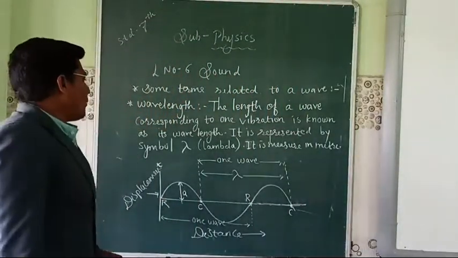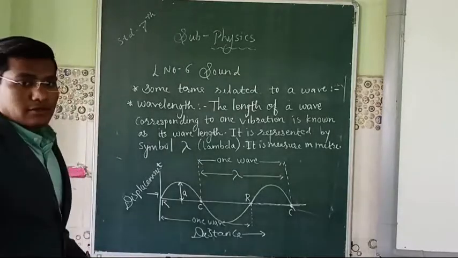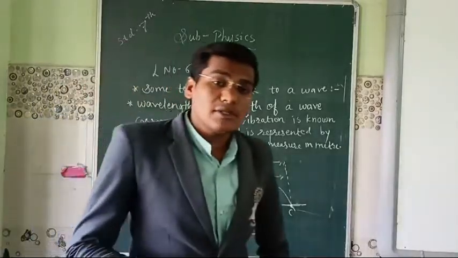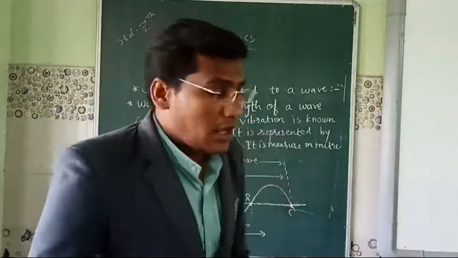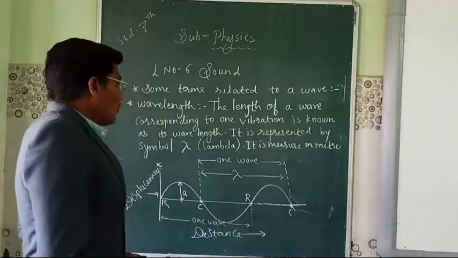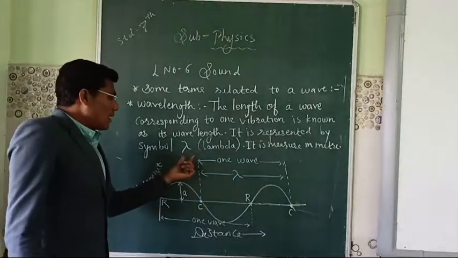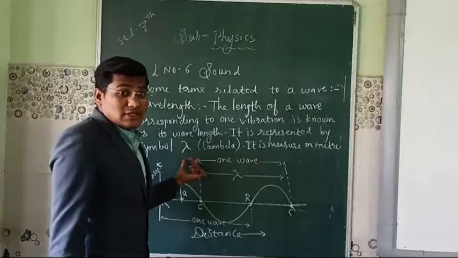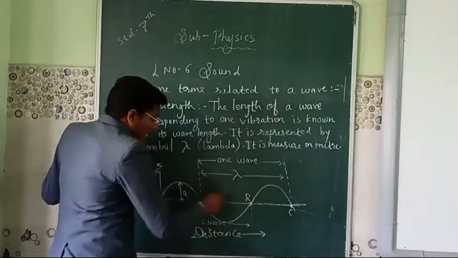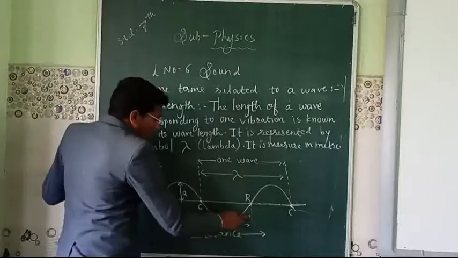The length of a wave corresponding to one vibration is known as its wavelength. It is represented by the symbol lambda. It starts from one compression to another compression, or from one rarefaction to another rarefaction.